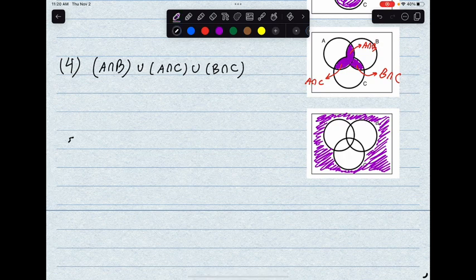So the 5th one is, we find first A union B union C, and then its complement is what we're looking for.